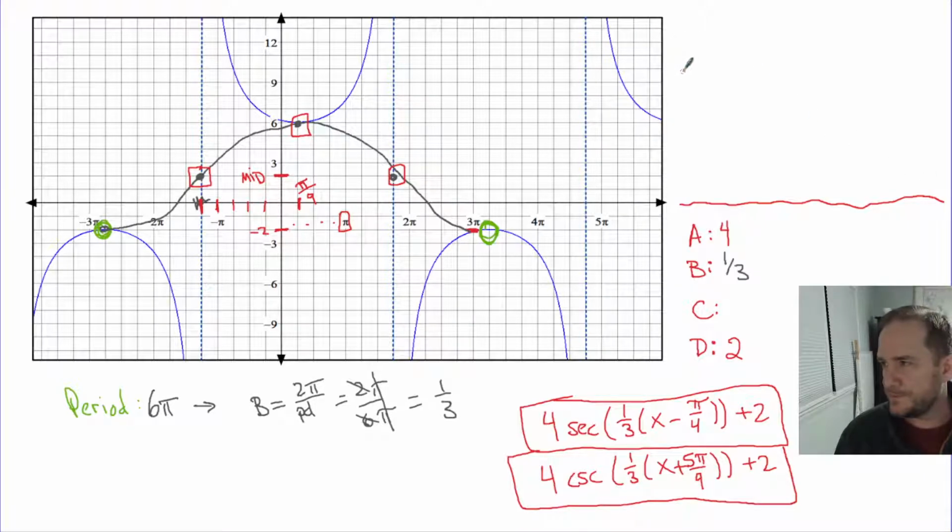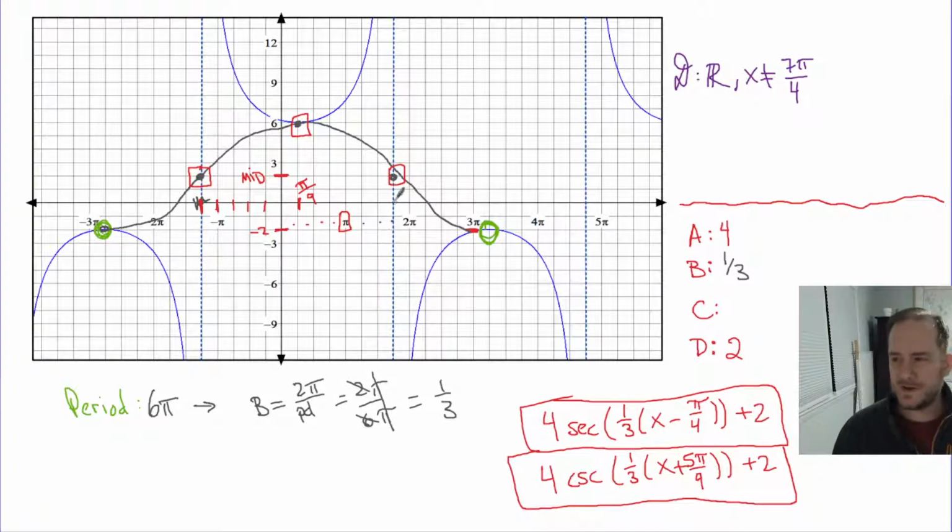Domain's going to be all reals, but x cannot equal, you know the drill. Pick an asymptote. I think I'll pick the first positive one, even though it's a little bigger. So here's pi, that's 4 pi over 4. 5, 6, 7 pi over 4. So 7 pi over 4 is an x value that needs to be excluded.